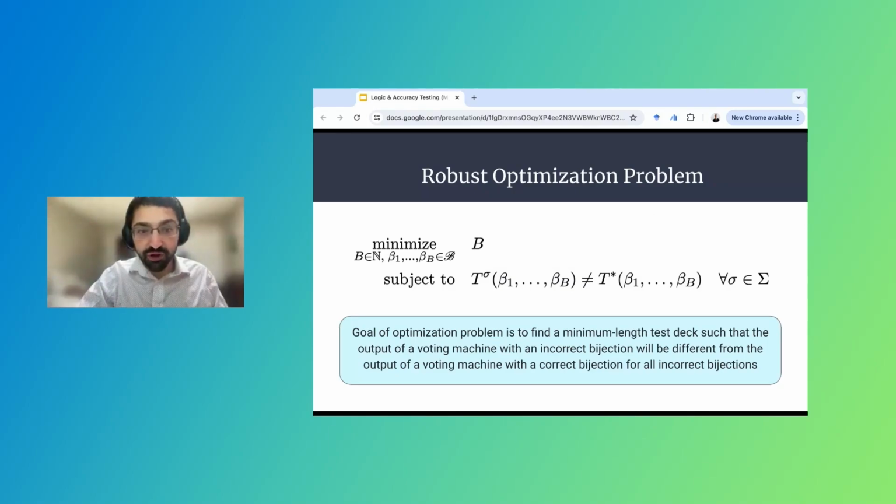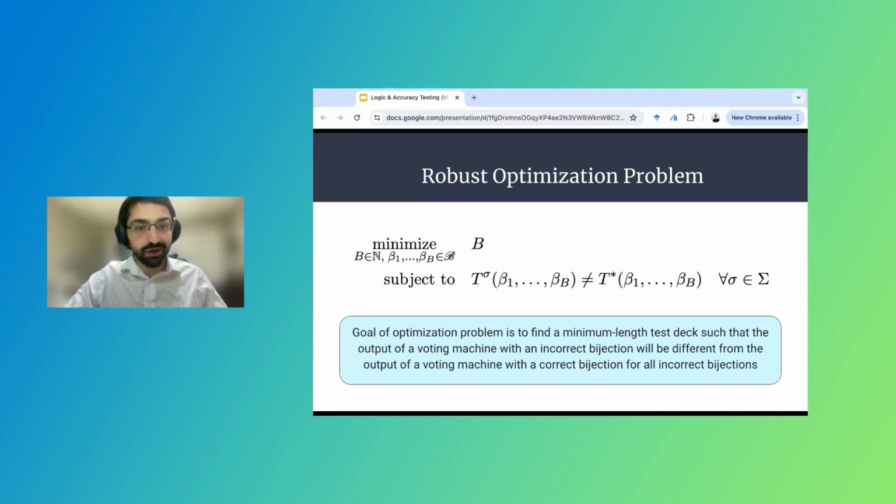So in summary, the goal of this optimization problem is to find a minimum length test deck such that the output of a voting machine with an incorrect bijection will be different from the output of a voting machine with a correct bijection, for all incorrect bijections. It's a bit of a mouthful, but that's our goal. This is just the problem we wish to solve, mathematically stated.